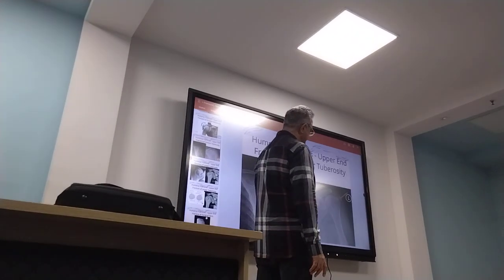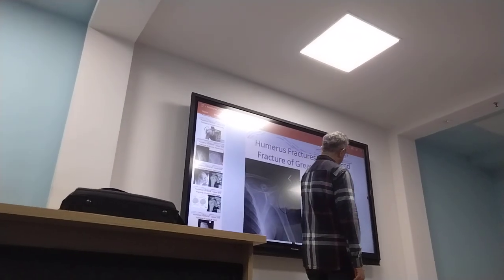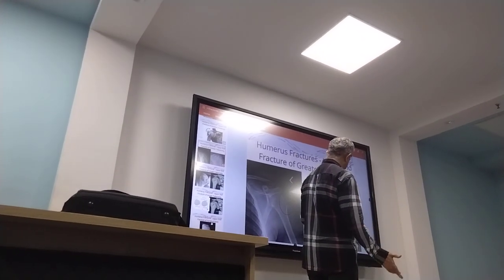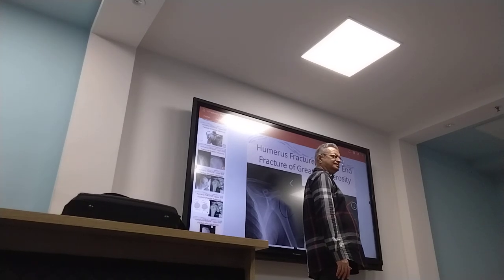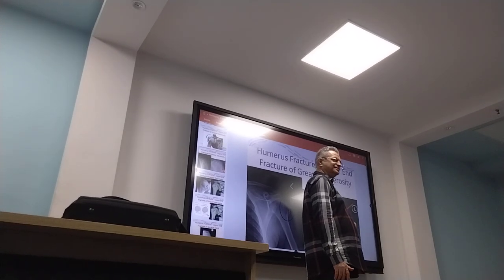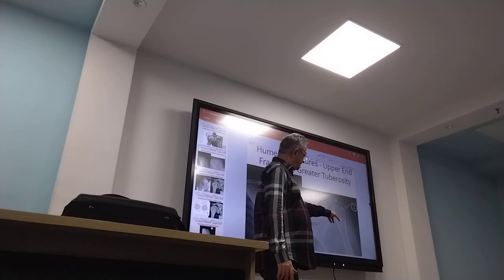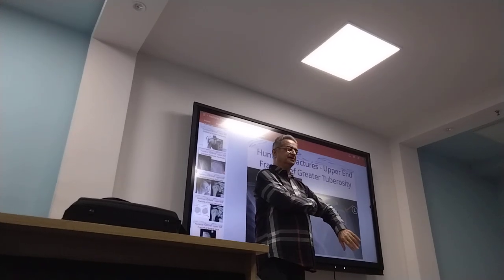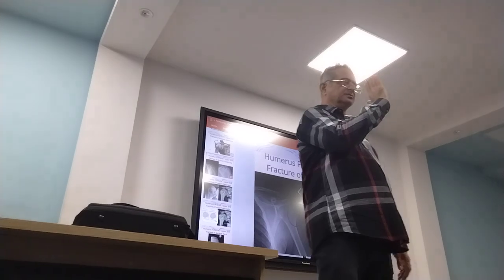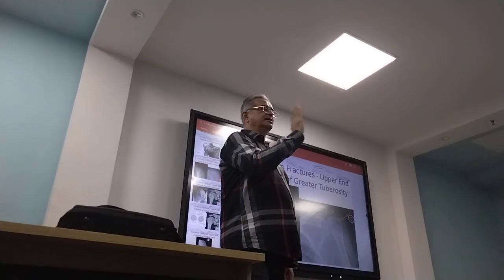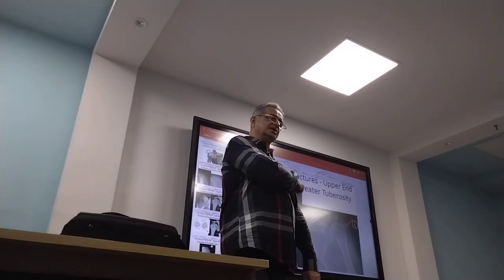Okay, where is the lesser tuberosity? There is no lesser. Probably he doesn't have it. Where is it? Inside of the bone. In an AP view, anterior posterior view, you can see the lesser tuberosity.